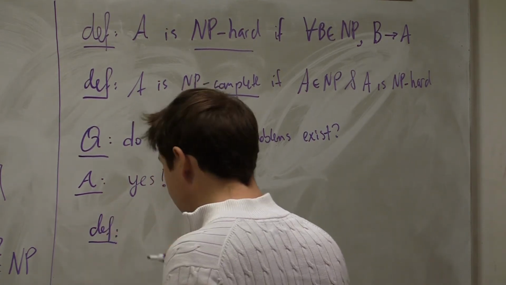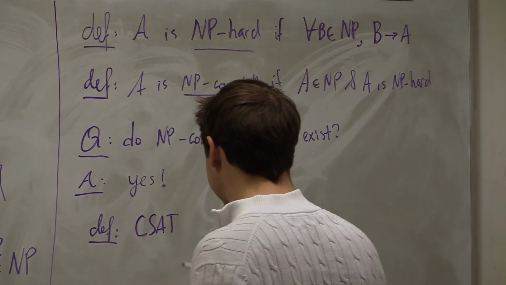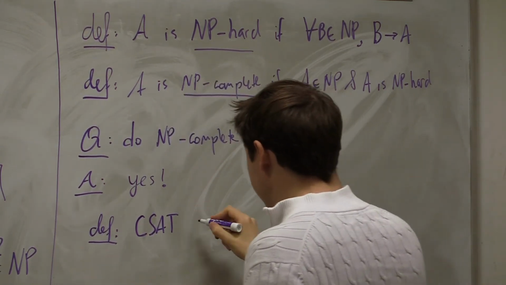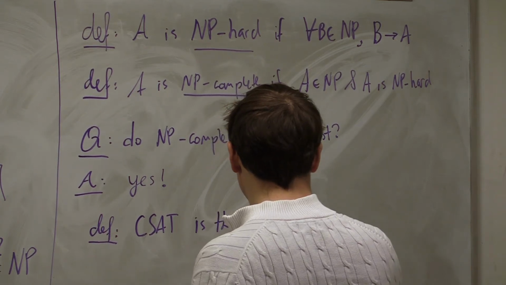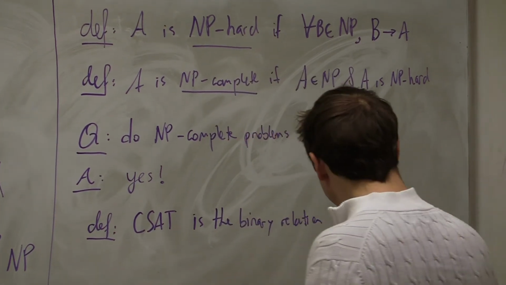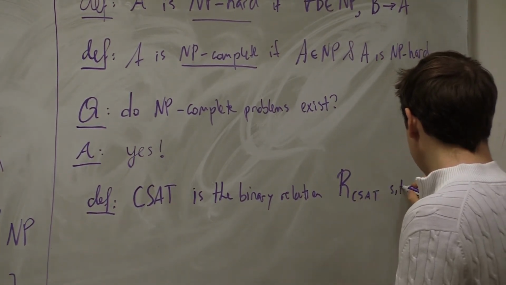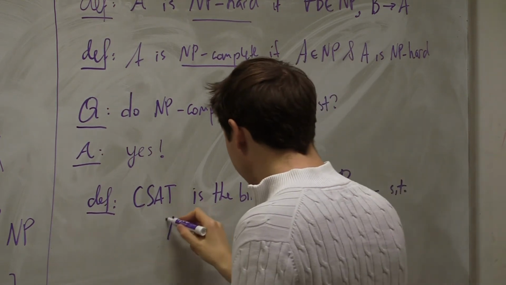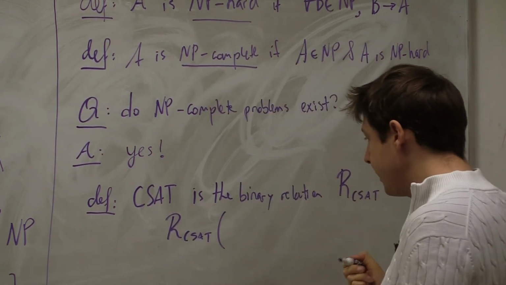So we're going to say that the circuit SAT problem is the binary relation R sub CSAT such that, given an instance, well, what is the instance?